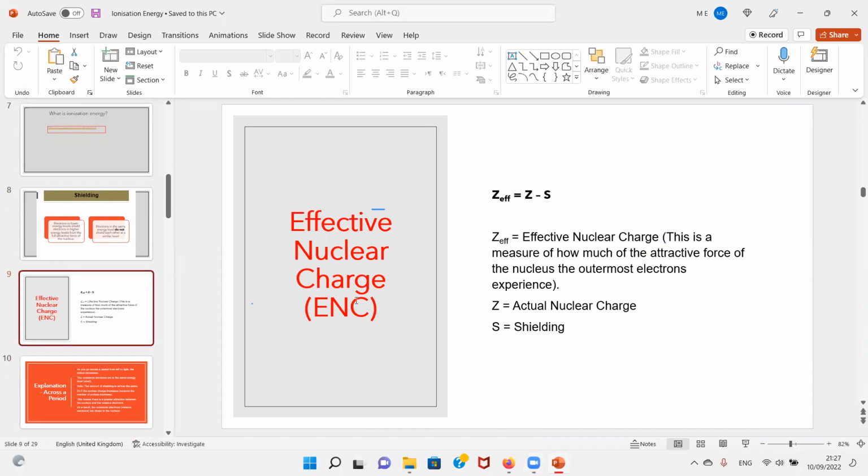Okay, effective nuclear charge is basically how much the valence electrons feel or see from the nuclear charge. So let me draw this again. Here we have the protons, or we can call it a nuclear charge or positive charge. And here we have 8 electrons.